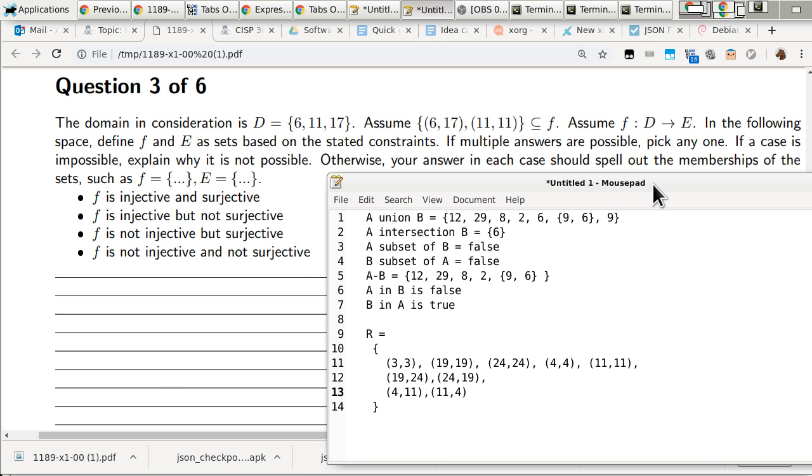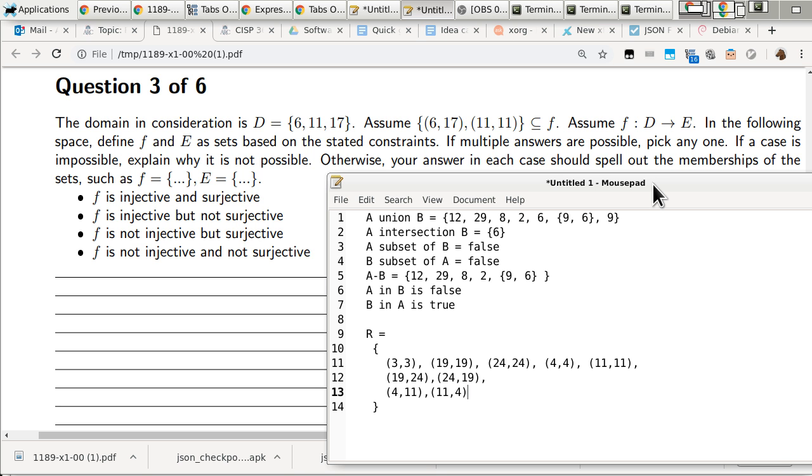Okay, so the question is giving you that the domain is known to be D, which has 6, 11, 17 as elements, and just like the previous question, I'm giving you a subset of F. So we know that (6, 17), (11, 11) is a subset of F. And we assume that D is a domain, E is a codomain, and F is known to be a function.